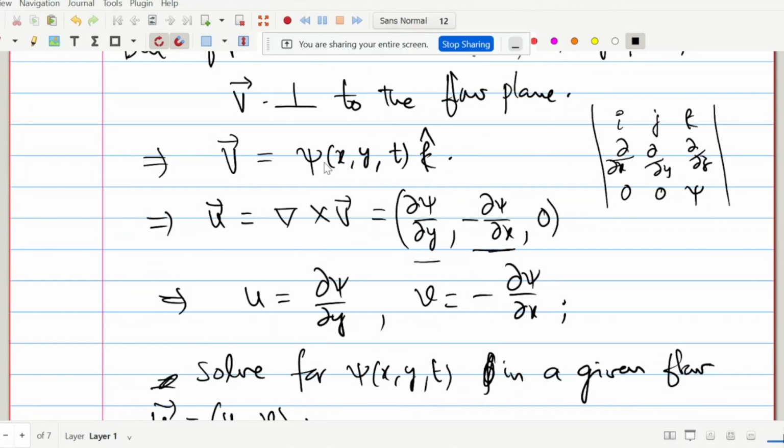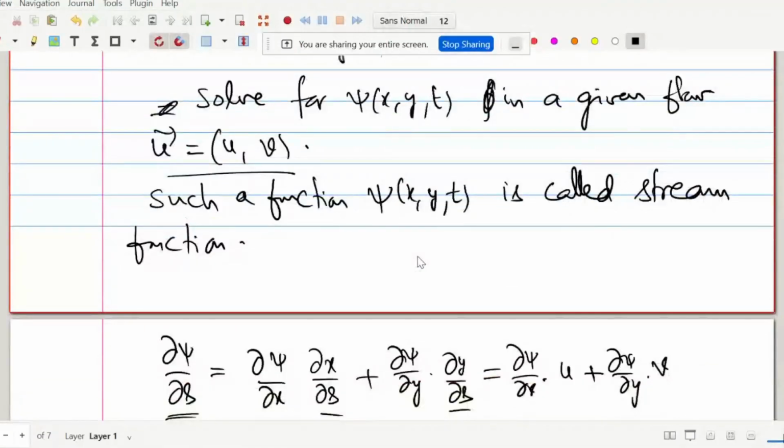So if you add psi to some constant, the flow remains unique. So psi is unique up to a constant; if you add some constant, it still doesn't affect your flow. That's how psi, the stream function, is in some sense unique.